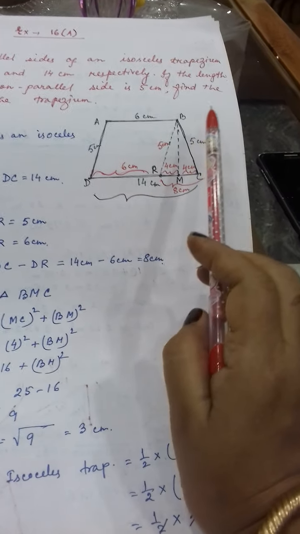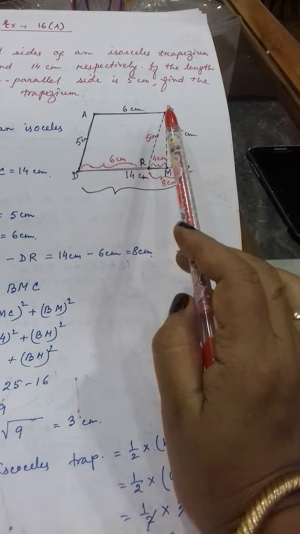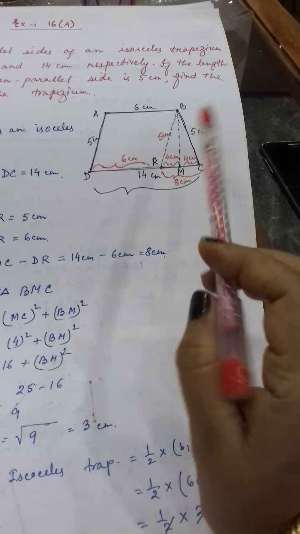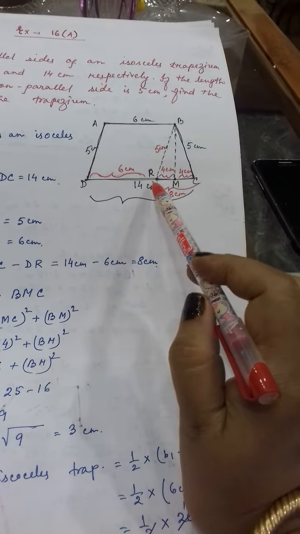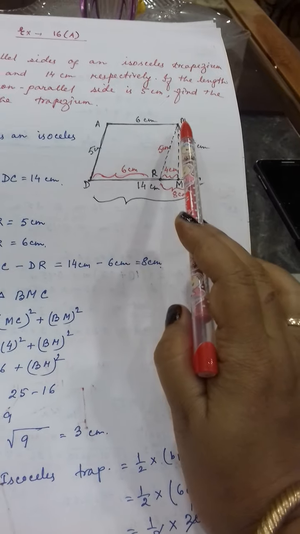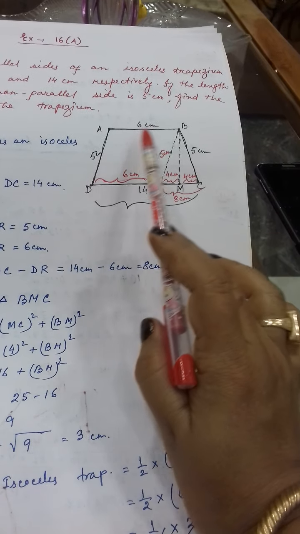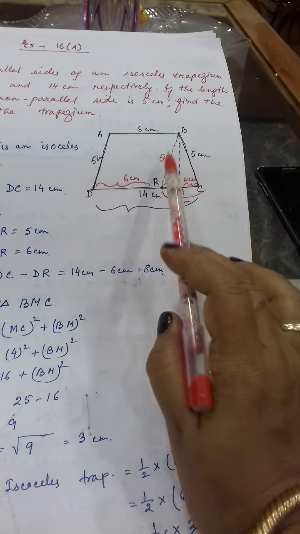Clear? Now as here AB is given to you 6 centimeter and CD is given to you 14 centimeter. Now if you draw an imaginary line segment BR parallel to AD, then the figure will be this one. Have you noticed?